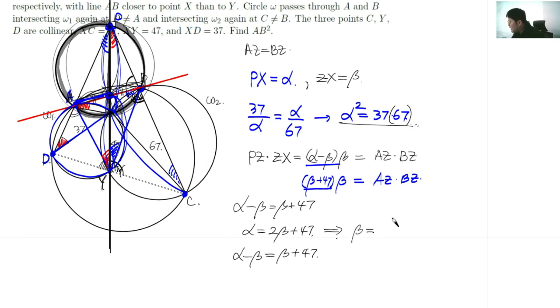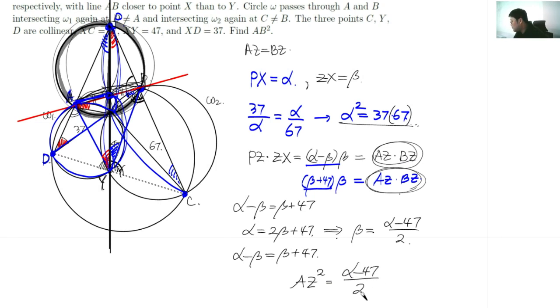Beta will be alpha minus 47 over 2. So AZ squared is in fact alpha minus 47 over 2 times beta plus 47. Whoa, that's what's up. And we're done.